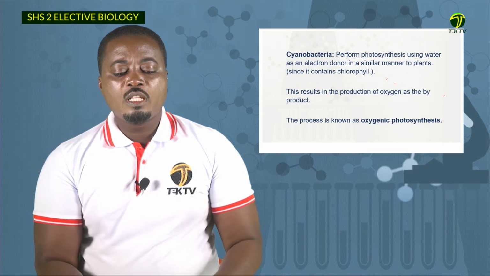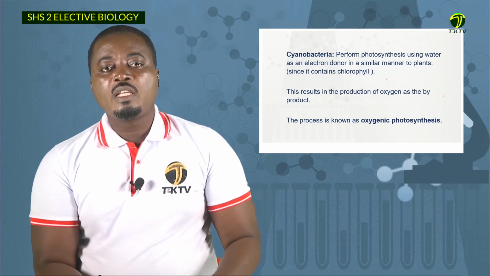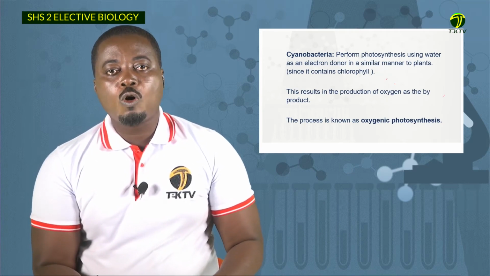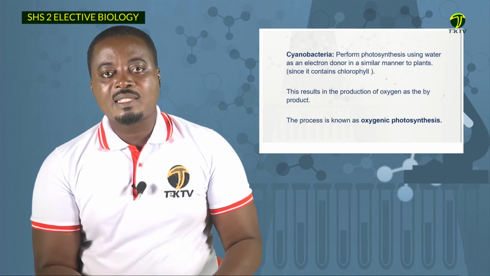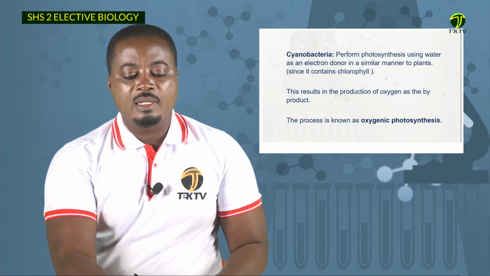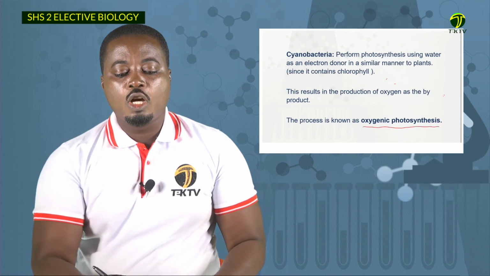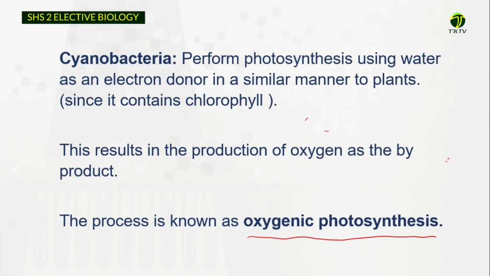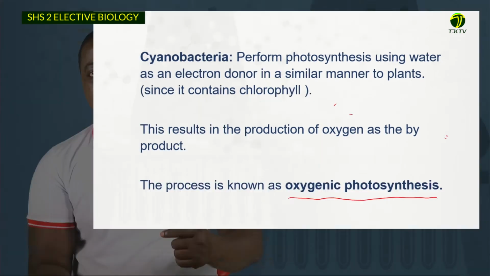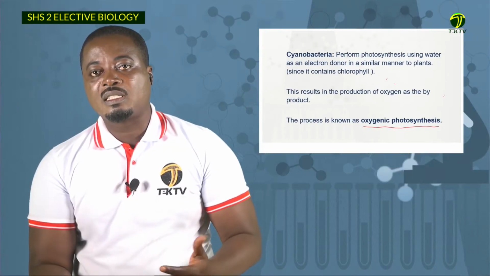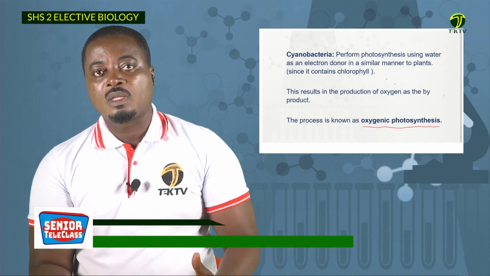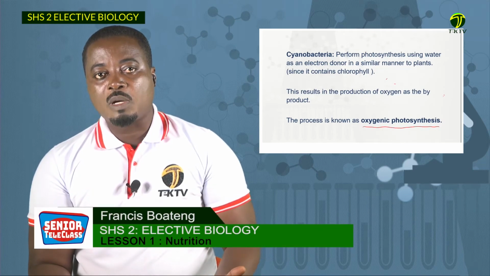Now, the process is known as oxygenic photosynthesis. I repeat, it is what? Oxygenic photosynthesis. Because oxygen is produced as the byproduct. So if cyanobacteria undergo photosynthesis the same as plants, they produce oxygen as byproduct.